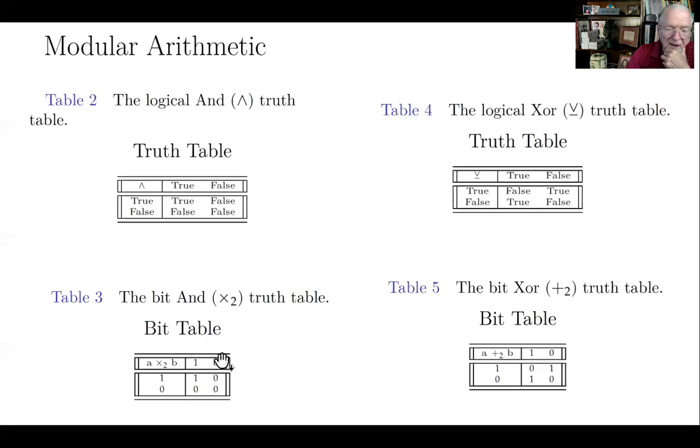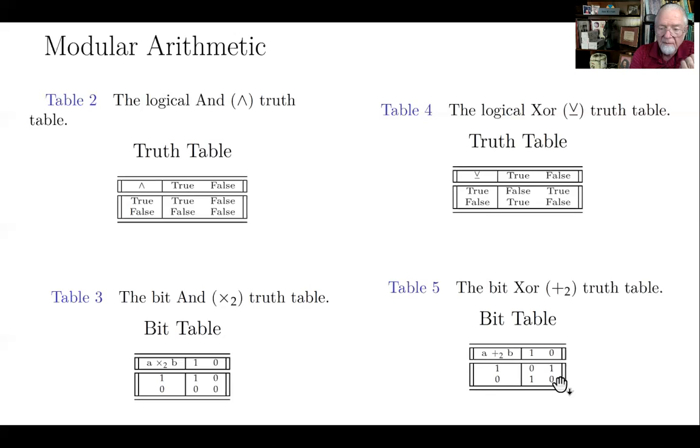I think she's talking about the other table. It's the same structure configured differently. The one on the right is modulo 2. So 1 plus 1 is 2. Modulo 2 makes it a 0. 1 plus 0 is a 1. 0 plus 1 is a 1. 0 plus 0 is a 0.